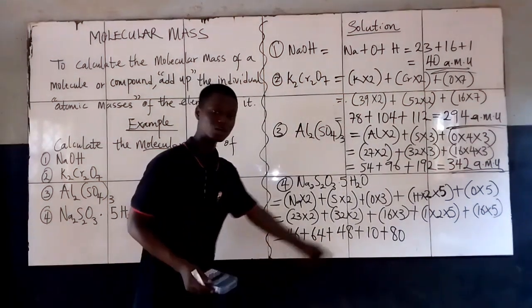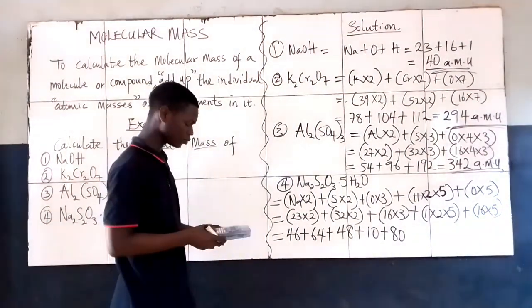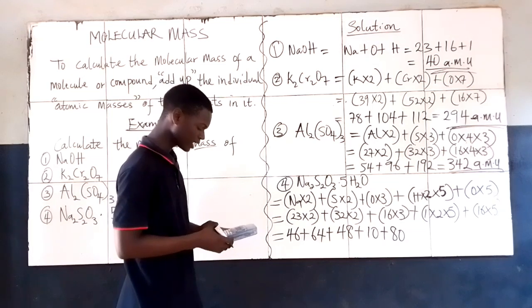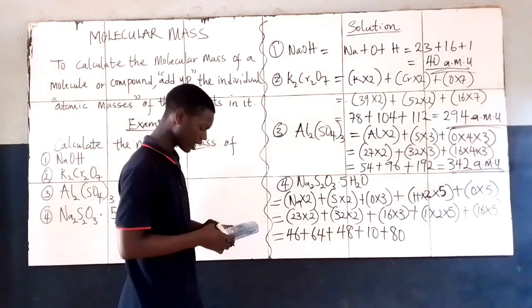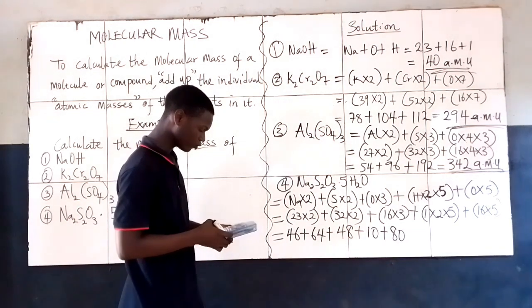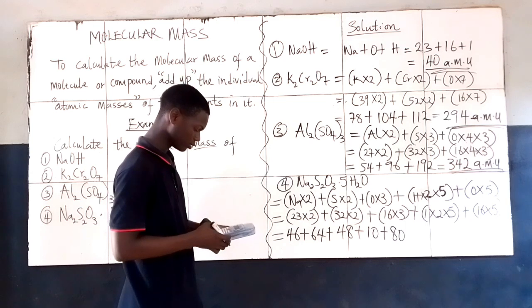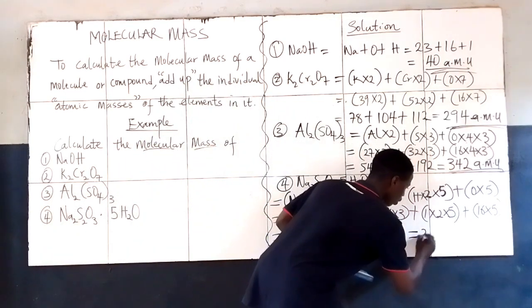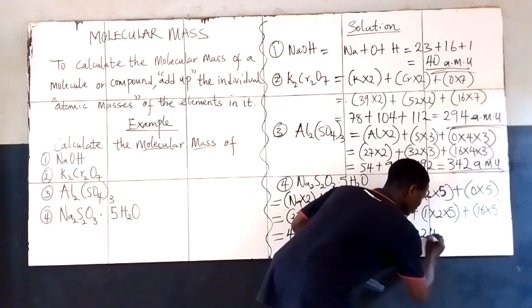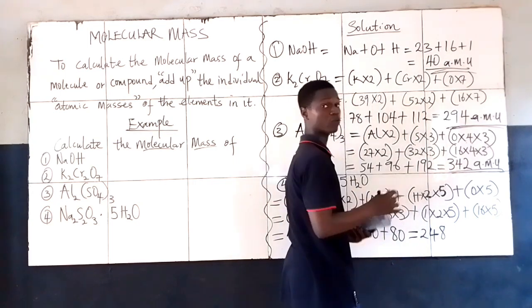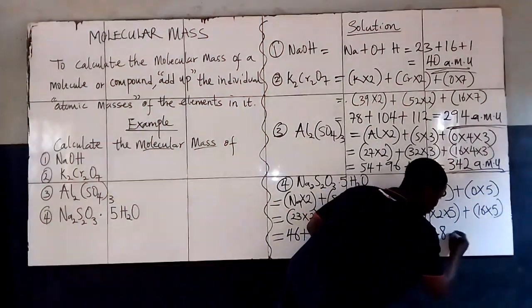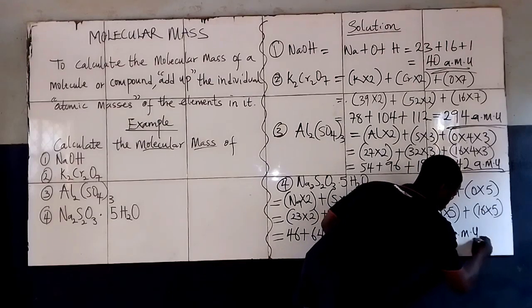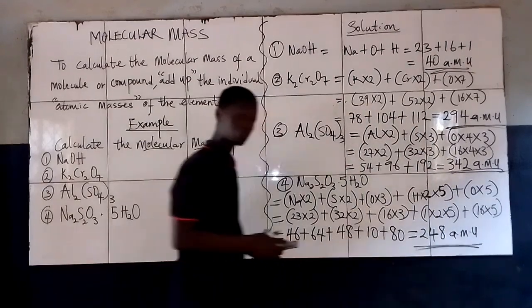So these are all the values we have. Now we have all these values. We simply add them all together and get the final answer. 46 added to 64 added to 48 added to 10 added to 80. This gives us 248. Now because we are looking for what? Molecular mass, we say what? AMU. And this is the answer to the question.